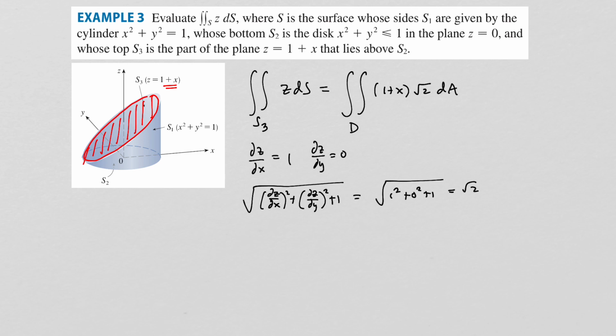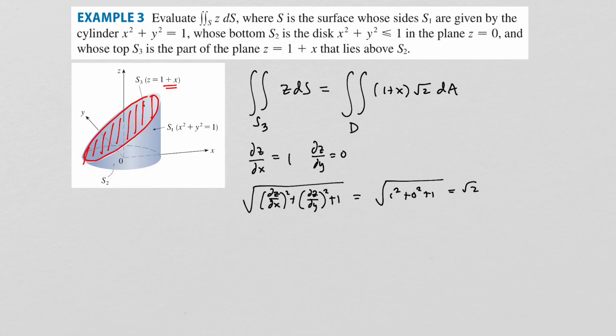Now how should we integrate that? What is our domain or our region D here? Well, it's this region, and this is kind of hard to describe using rectangular coordinates. But if you project that down into the xy plane, we can see very easily that the projection is nothing more than a circle of radius 1.